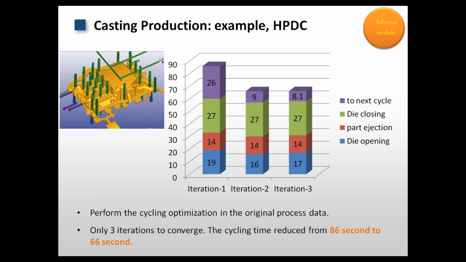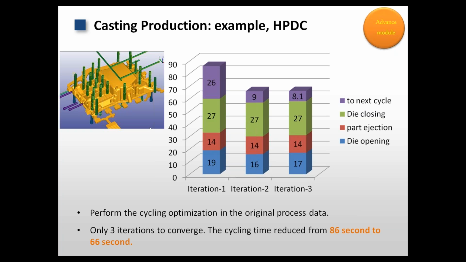What we are going to do in this case is make sure the mold temperature is stable, and produce the casting part in a shorter cycle time. That will help us increase the production rate.